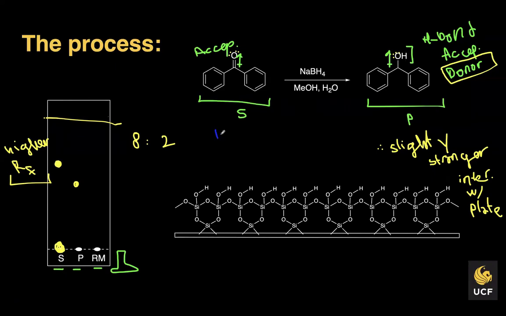But something that really has no affinity to the plate is just going to travel with the solvent layer, could be all the way up at the front. It would be at 100%. That's not good. We don't like that, and we'll talk about optimization later, but that should help clarify the RF number.